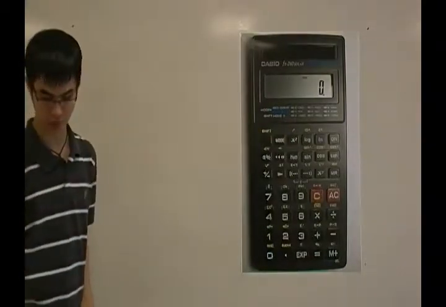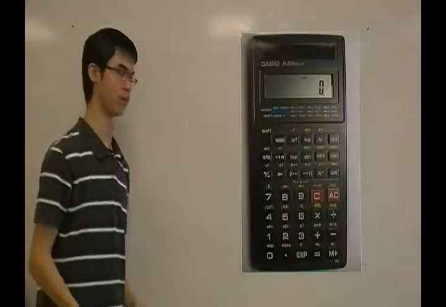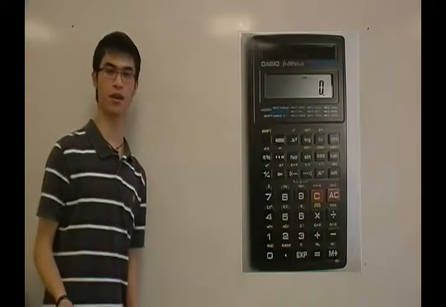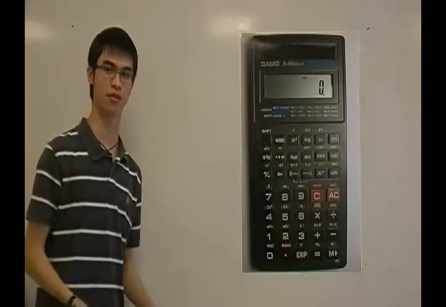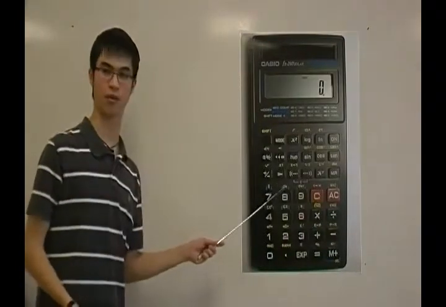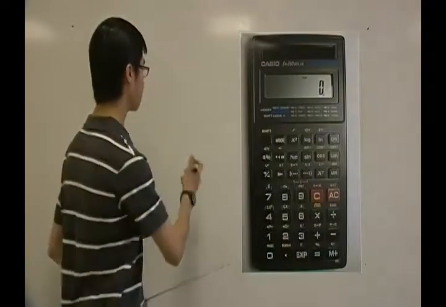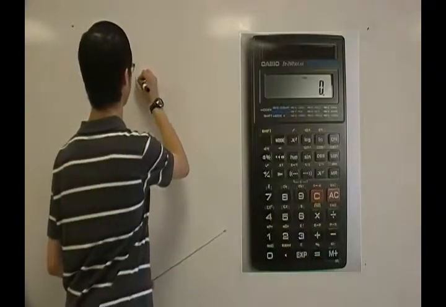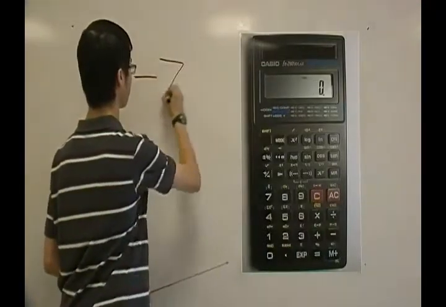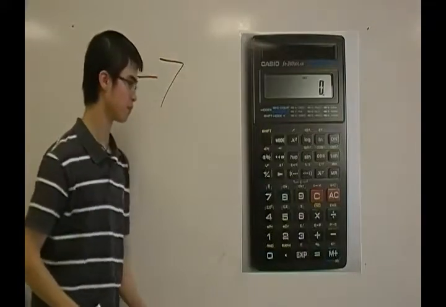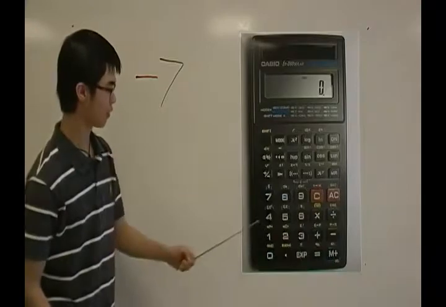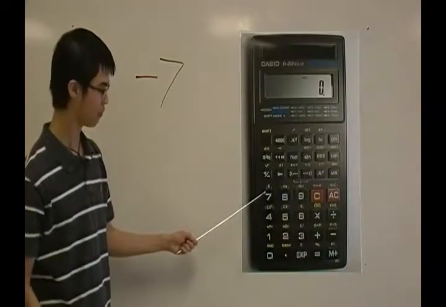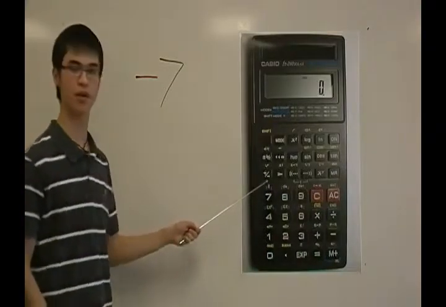All right, let's move on to negative numbers. You will encounter negative numbers on the test. However, you can get problems with negative numbers done faster on the calculator. So let's do negative 7. What you would do first is hit 7, and then you'll hit this button right here.